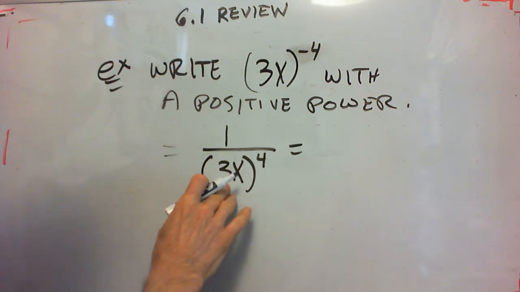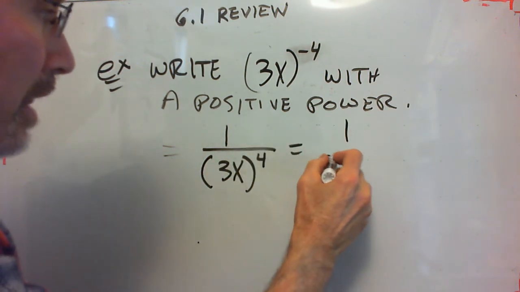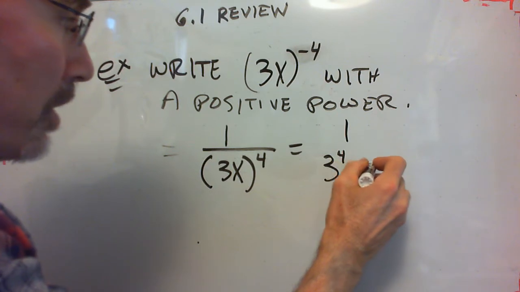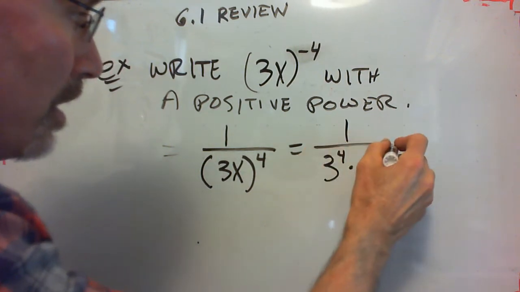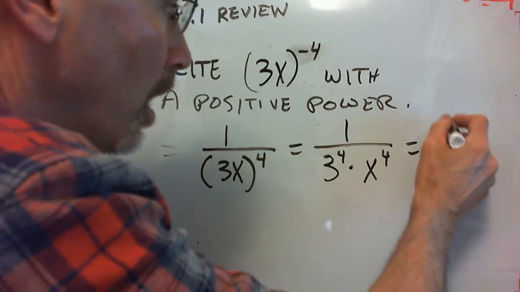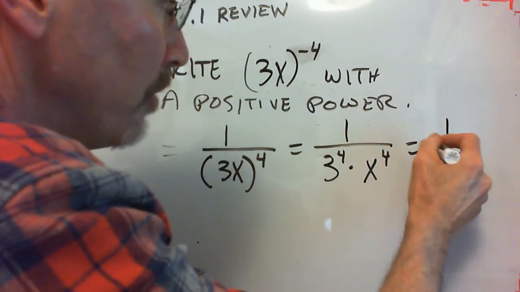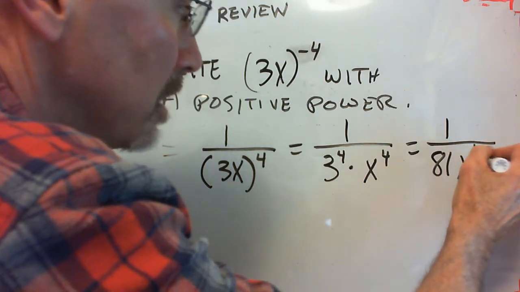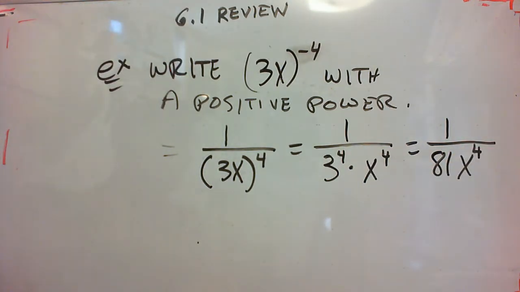If we raise 3x to the positive power, that means we're raising 3 to the 4th and x to the 4th. Well, 3 to the 4th is 3 times 3, 9, times 3 is 27, times another 3 is 81. So we have 1 over 81 x to the 4th.